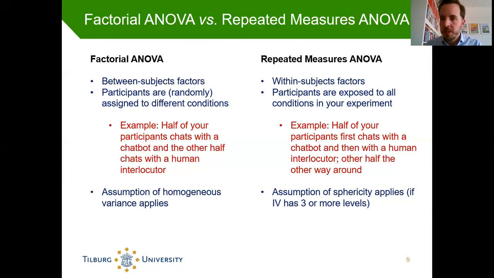If you do a repeated measures design study, then all your participants take part in all conditions. So the individual noise that participants take with them to the experiment, to your test, will be the same in all conditions. So if one person is a bit sick that day when taking your experiment, that will lead to some noise in your data, but typically this noise would be the same in all conditions.